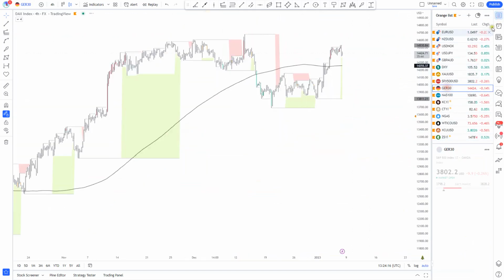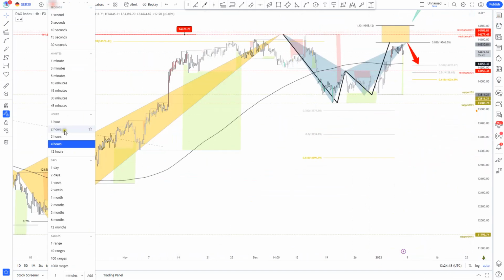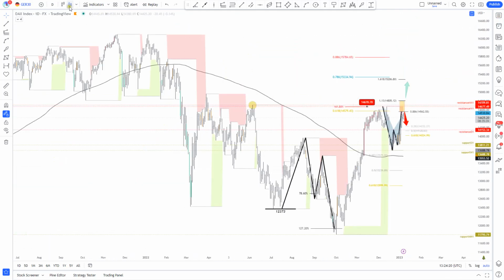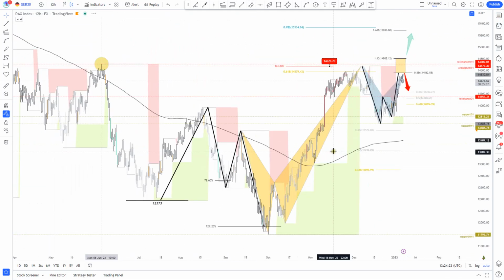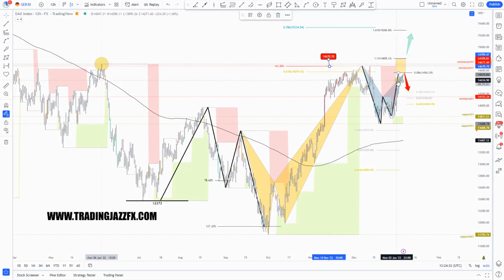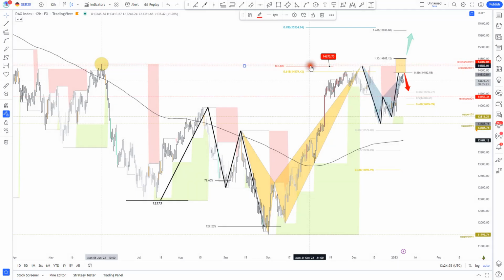to the downside. The German DAX I posted before, we have this bearish crab pattern that I shared among the communities on Twitter and the people I work with at 14,670. So this was the bearish crab pattern.